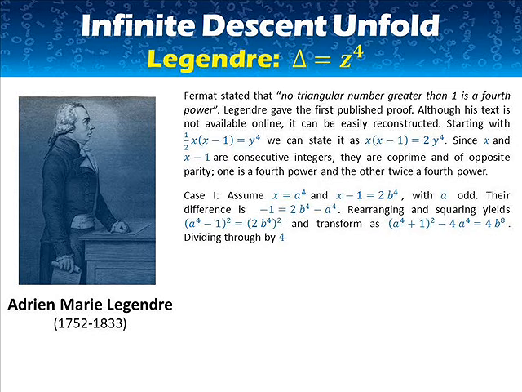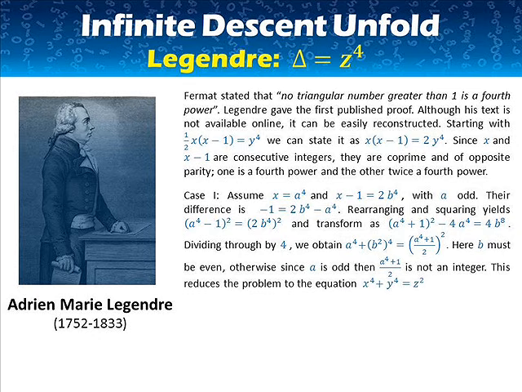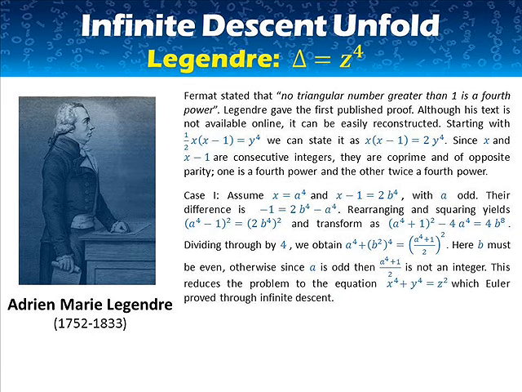Dividing through by 4, we obtain a raised to the fourth power plus b squared raised to the fourth power equals the square of a raised to the fourth power plus 1 over 2. Here b must be even, otherwise, since a is odd, a squared plus 1 over 2 is not an integer. This reduces the problem to the sum of fourth powers equals a square, which Euler proved through infinite descent.